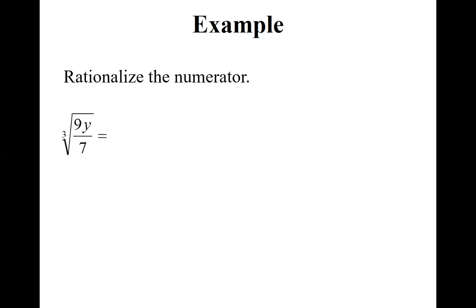Let's rationalize the numerator for cube root of 9y over 7. Give the cube root to the top and the bottom. There are no cubed factors of 7. There are no cubed factors of 9, as annoying as that is.